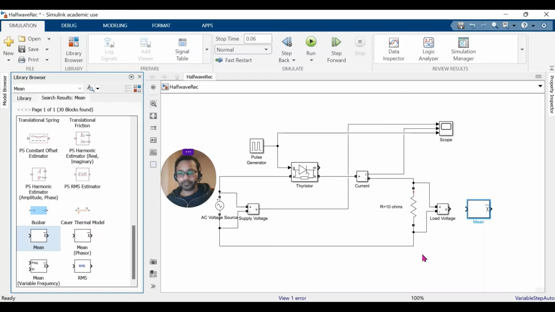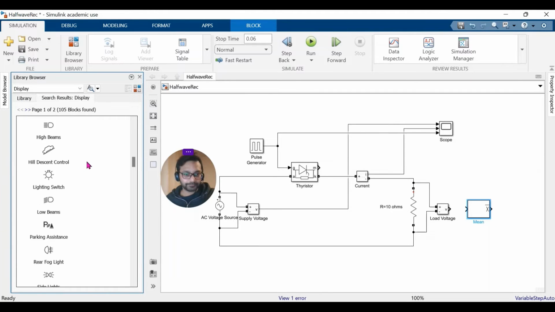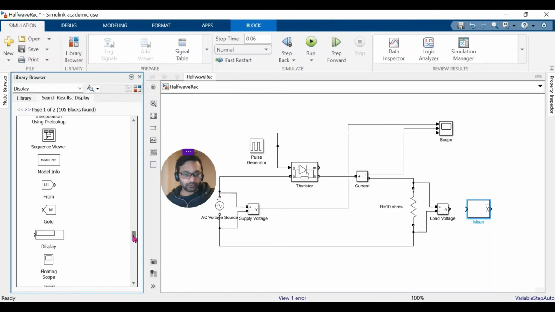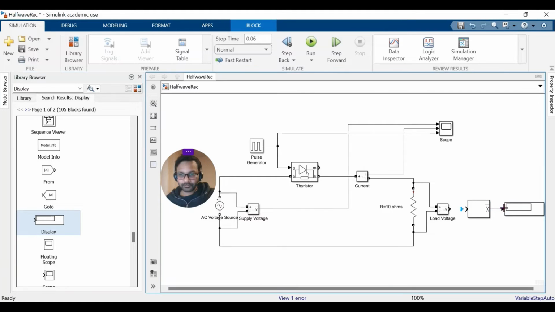We can connect that, and obviously we will need a number display. So we can go down and select this one.